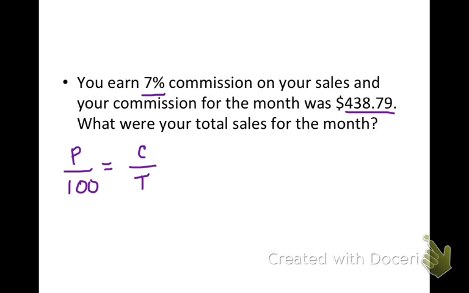So if we set this up, we have 7 over 100 is equal to 438.79 over this total.